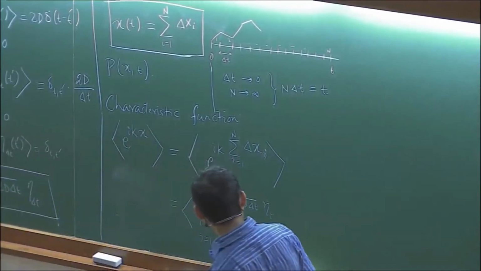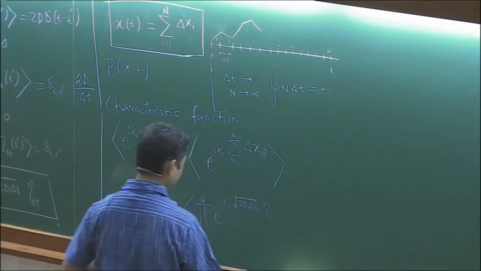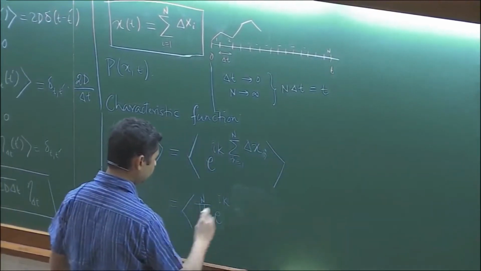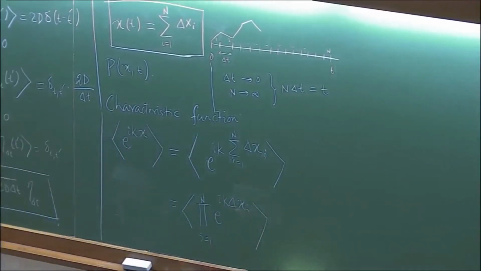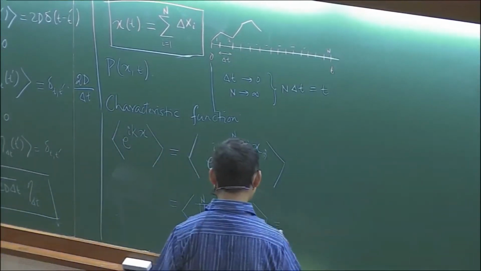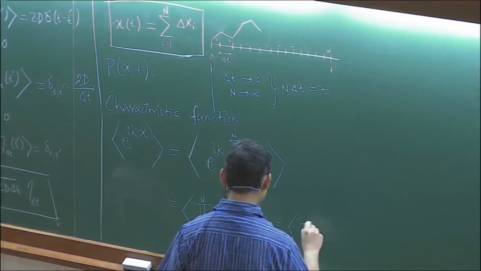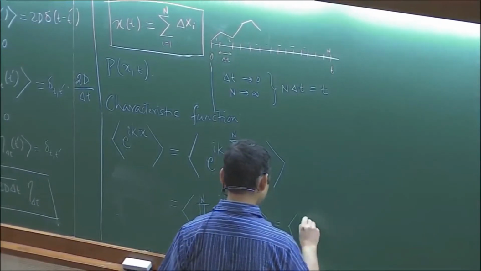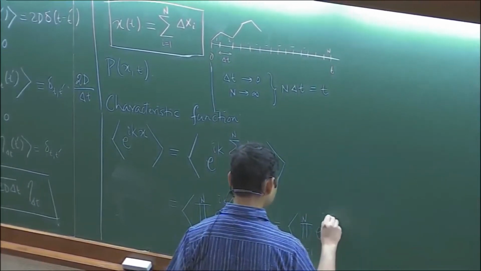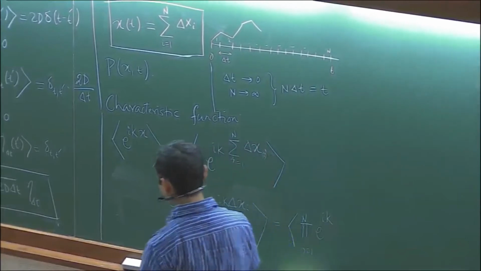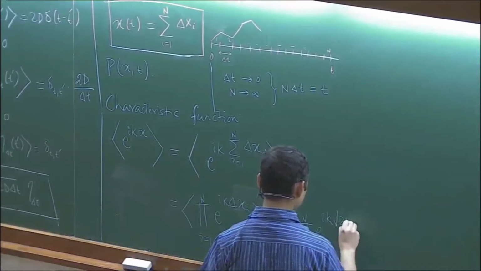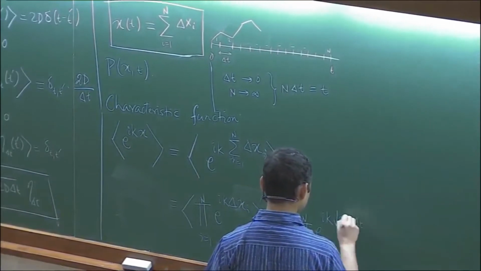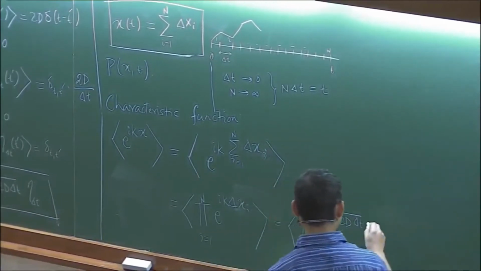So I'm just doing two steps. First, delta x_j, the first step, is this one. Then the product over j equal to 1 to n of e to the power of i k times delta x_j, and I'm going to replace this by square root of 2D delta t times eta.